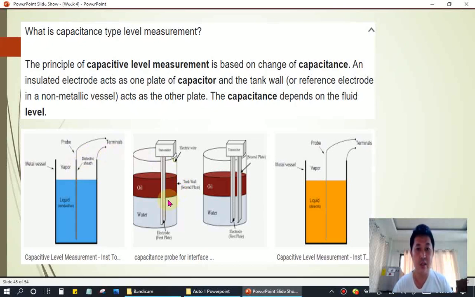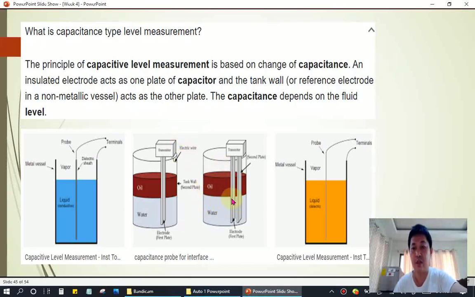The same here. There is an electrode fitted, so the signal with the level of your oil and water is sent to the transmitter, and from the transmitter to your controller, your digital indicator, or your computer monitor.